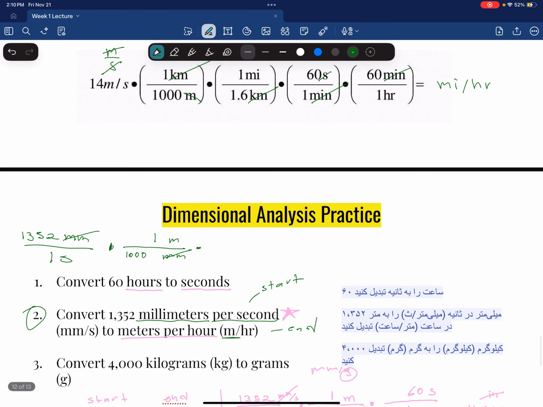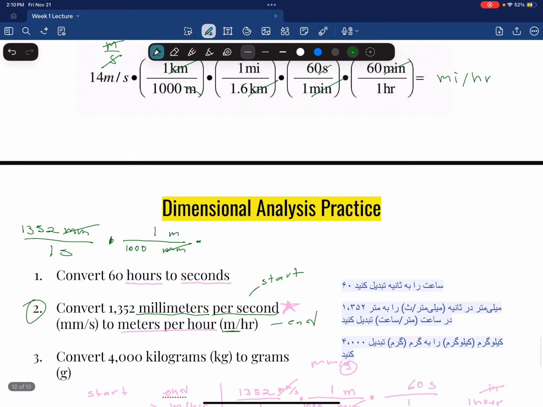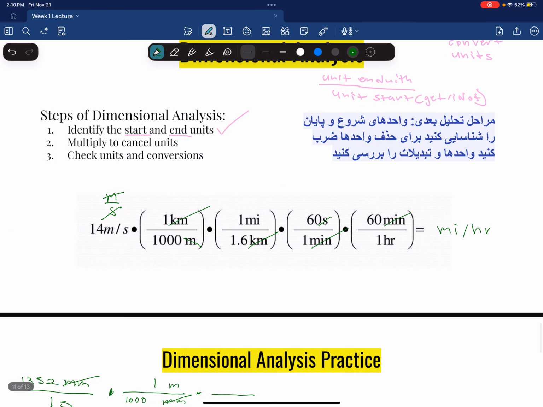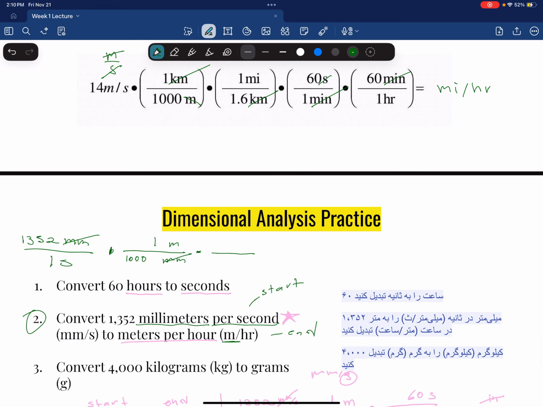So we're going to try to make seconds into hours. Following this rule, the unit that we want to end up with is minutes, and the one that we want to get rid of is seconds.